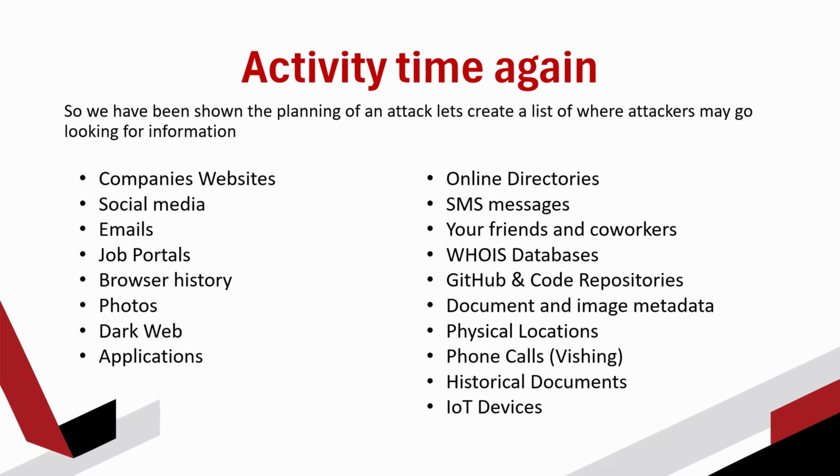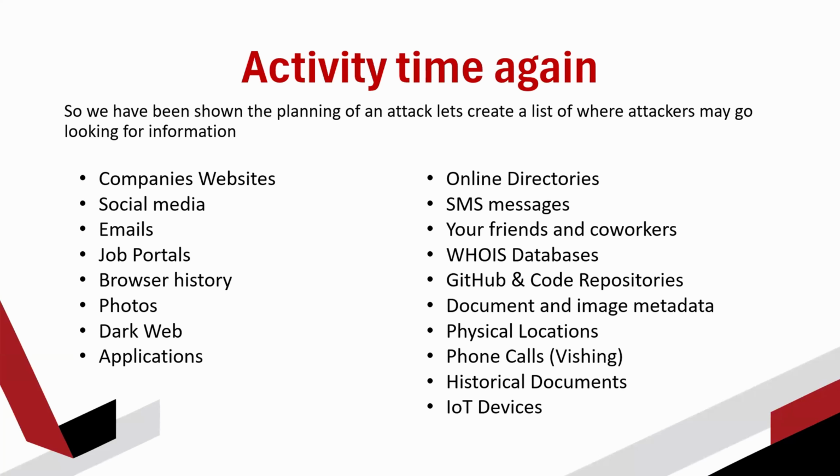Whois databases, so that's public databases that have information about domains and things like that. Code repositories, if you're into coding. Document and image metadata, so the data that's attached to the photos that you take. Physical locations.